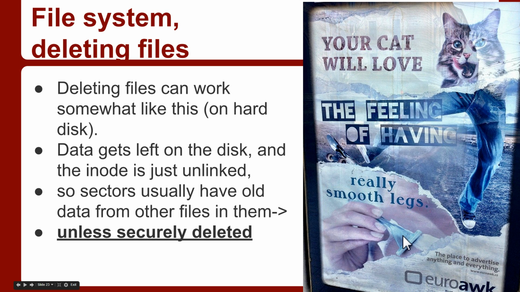You know, it doesn't go all the way to really smooth legs. But if you look at the disk in a raw format, this block will have all this data. So when you delete stuff, the data does just get left on the disk until it's garbage collected, which may happen at any time, and the inode is just unlinked.